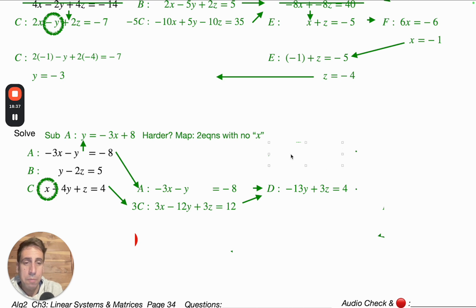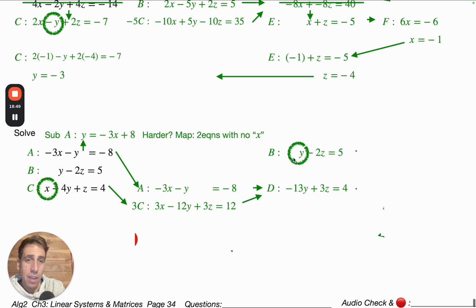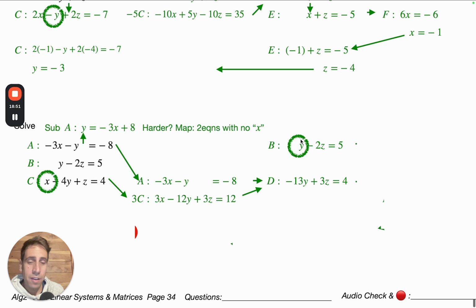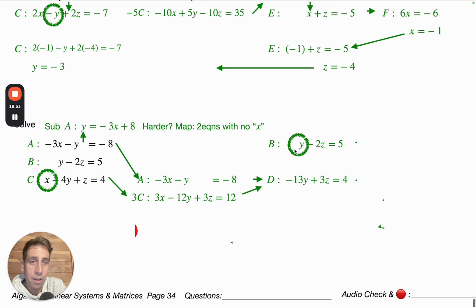Great. I'm going to recopy equation B, because I need to use it. I used A, I used C, I gotta use B. And I'm noticing that y here is all by itself. So now I'm back to the previous lesson. I have a 2 by 2, with y and z.